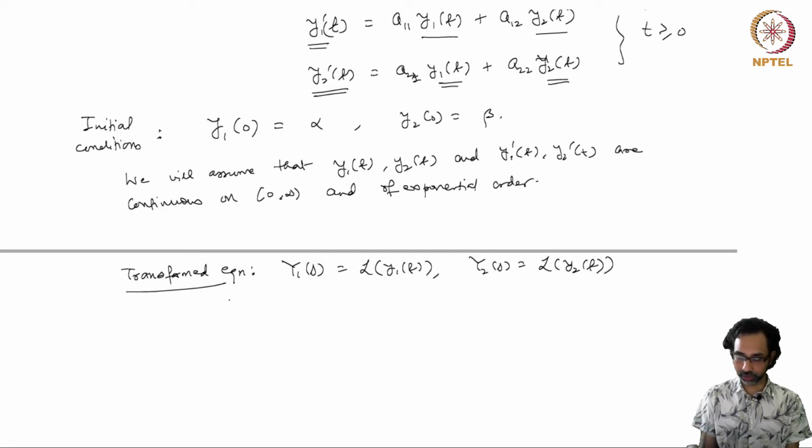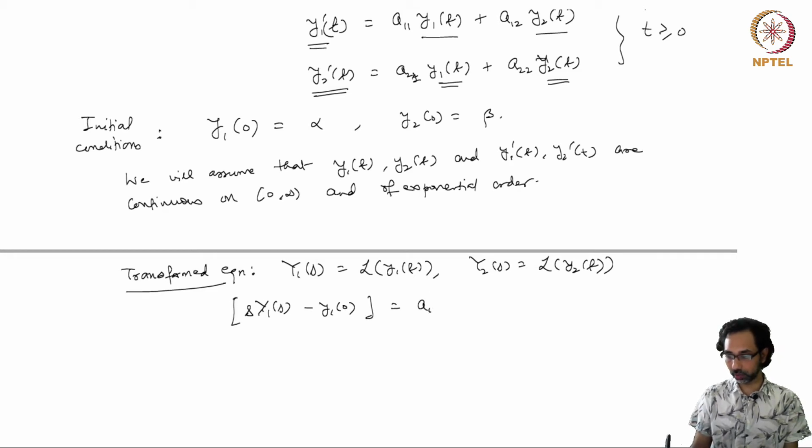For the first equation we will get sY1(s) minus y1(0) equals a11 Y1(s) plus a12 Y2(s).